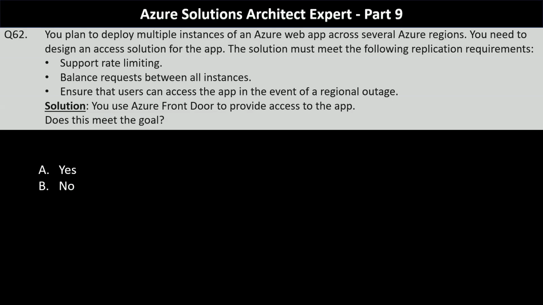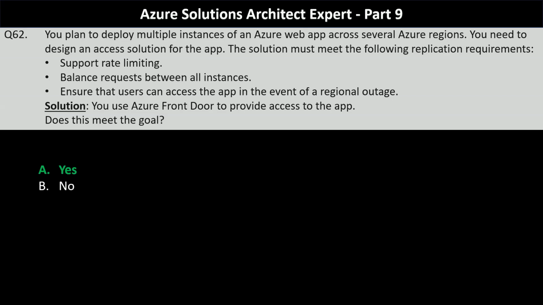And friends, utilizing Azure Front Door is a correct solution. Azure Front Door combined with Web Application Firewall policy will achieve all that. Azure Front Door balances requests across multiple regional instances of the web app, ensuring efficient distribution of traffic. It also allows you to configure rate limiting policies to manage traffic spikes and prevent abuse.